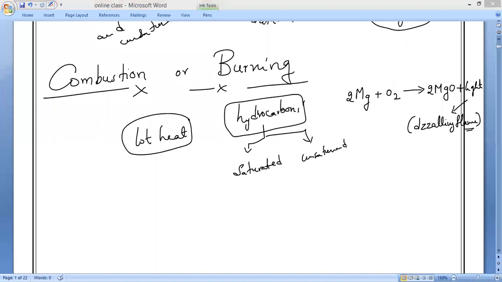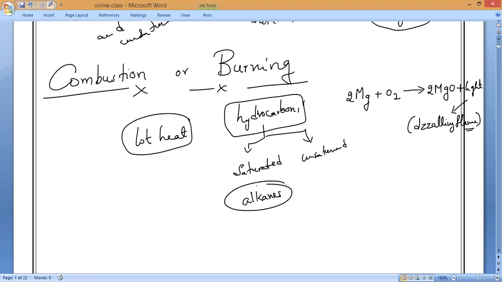So alkanes burn in air to produce a lot of heat. Who are the alkanes, guys? What is the first member of the alkane family? Methane. Next C2H6, next C3H8, C4H10.